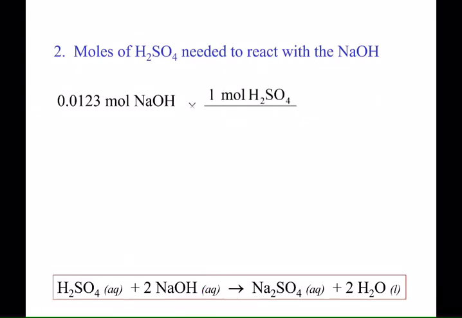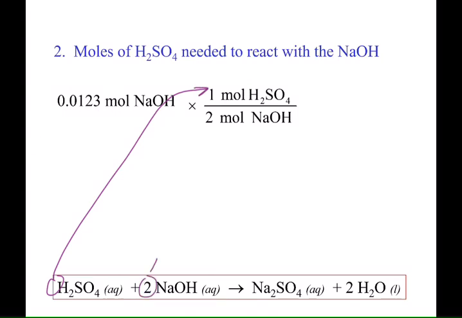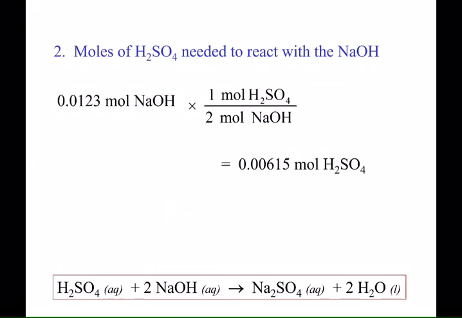Yep, it looks like this, where here's our stoichiometric ratio. We took the 1 in front of the H2SO4 and we took the 2 in front of the NaOH, and life is grand. Okay? Unit-wise, we're left with moles of H2SO4, round it to what? 3 significant figures. I get 0.00615 moles of H2SO4. So that's what I call the situation here. Those are our moles of H2SO4 we must have in that volume of H2SO4.